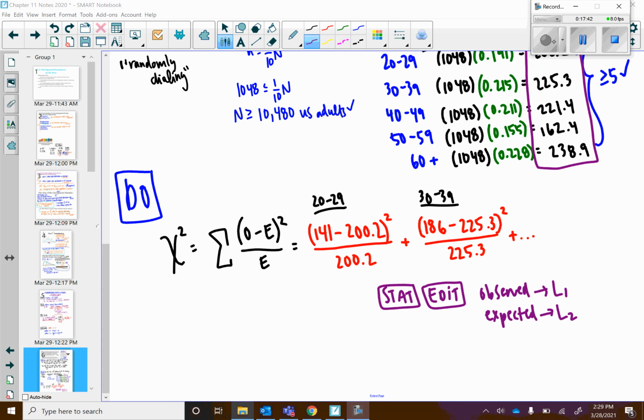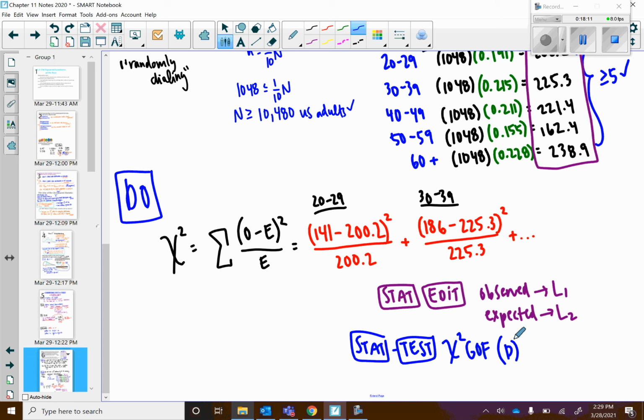We are now going to go to Stat Tests. Scroll over to Test. And we want the chi-squared GOF test. I believe on my calculator it is option D, so I'm thinking it would be yours as well.